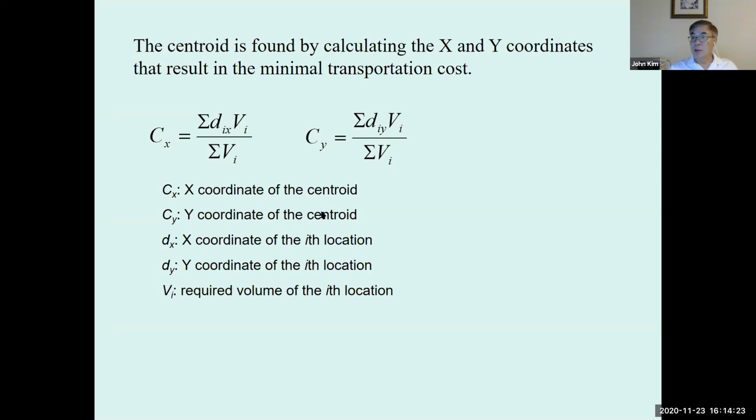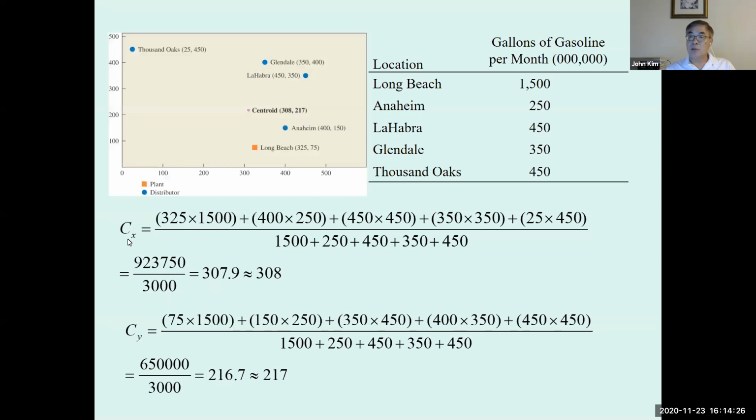So the center point's X coordinate: first location's X coordinate times first location's volume, plus second location's X coordinate times volume, and so on, divided by total volume.